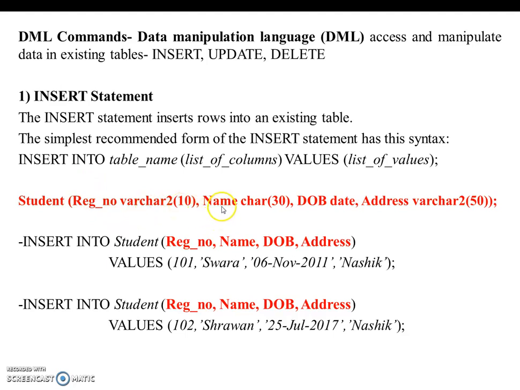Then the second column is name with data type char of size 30. The next column is DOB with data type date, and the next column is address with data type varchar2, and these are their actual sizes. Here the size for a date is the default size and default format DDMONYY with size 7.